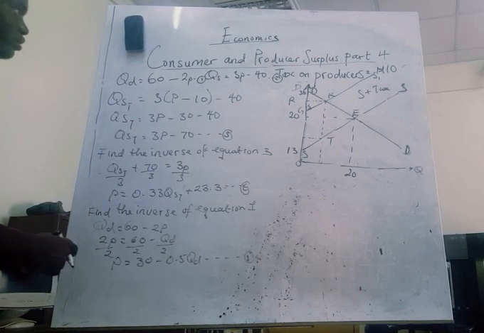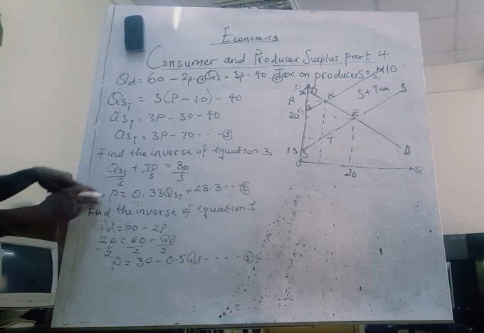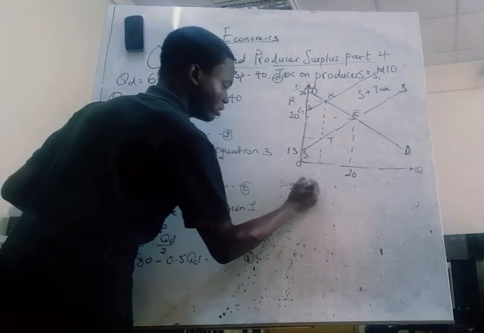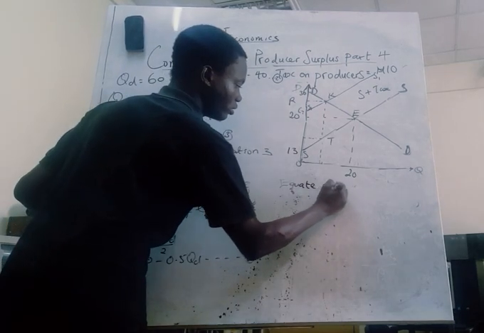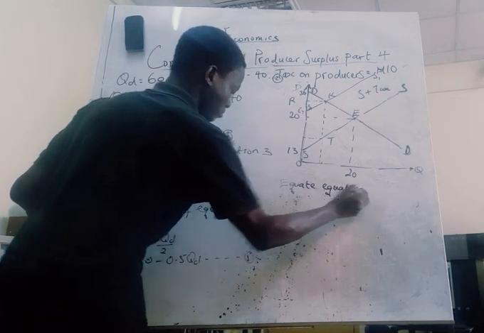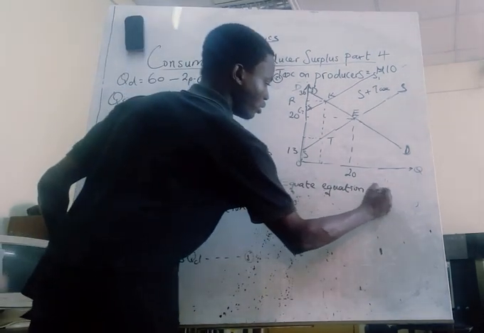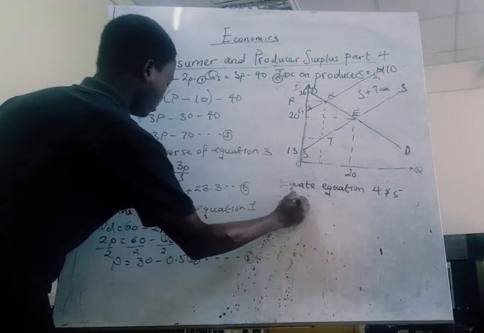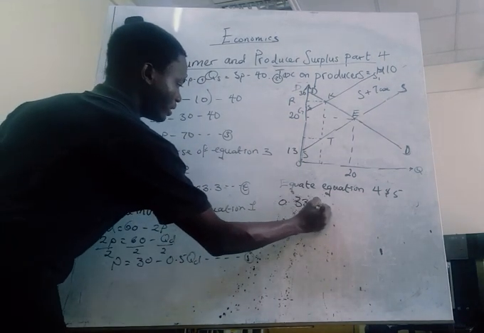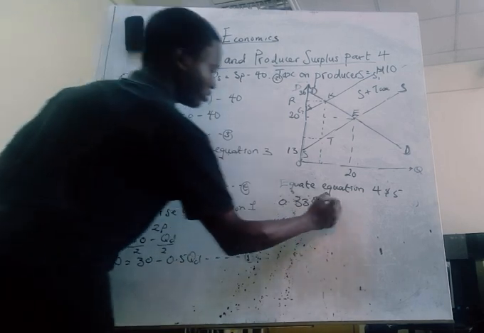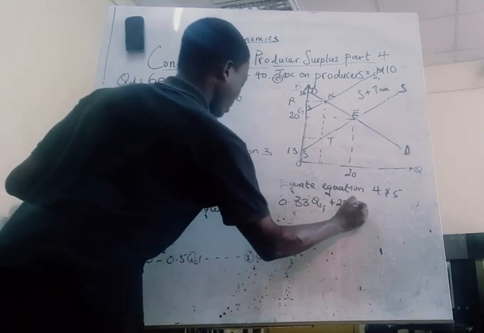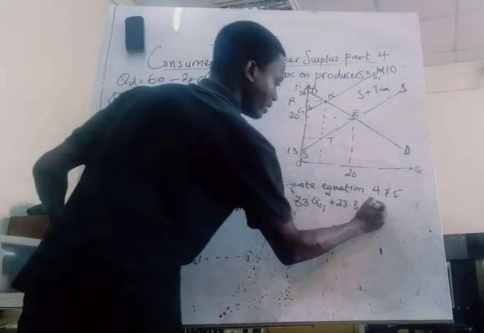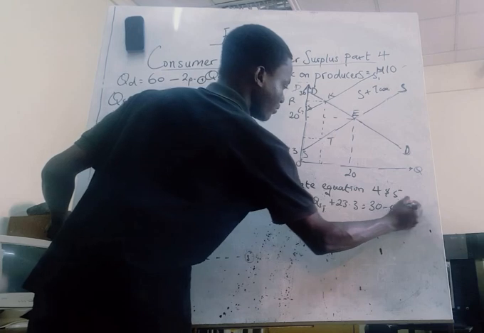Okay, so what we then have to do is equate equation 4 and 5. So we then have 0.33 QST plus 23.3 equals 30 minus 0.5 QD.